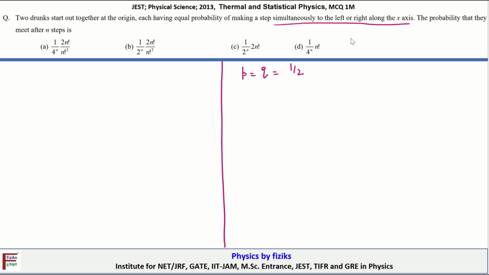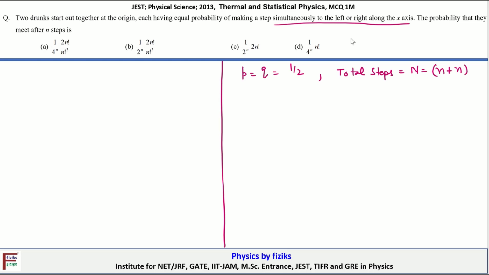Now, we have two different random walkers, and each random walker is taking n steps. So the total number of steps, let's say capital N, is equal to n plus n, because each random walker is taking n steps.